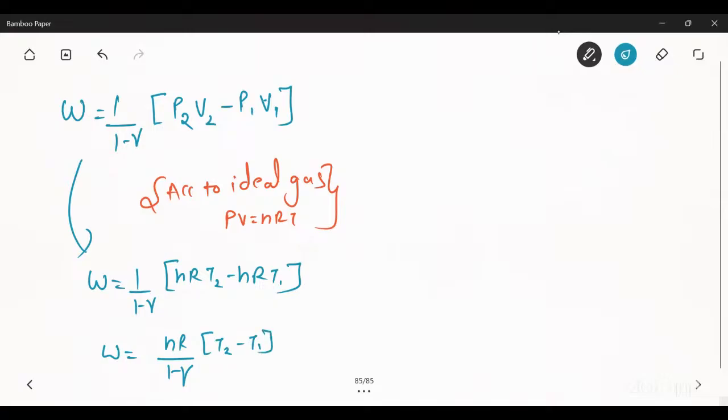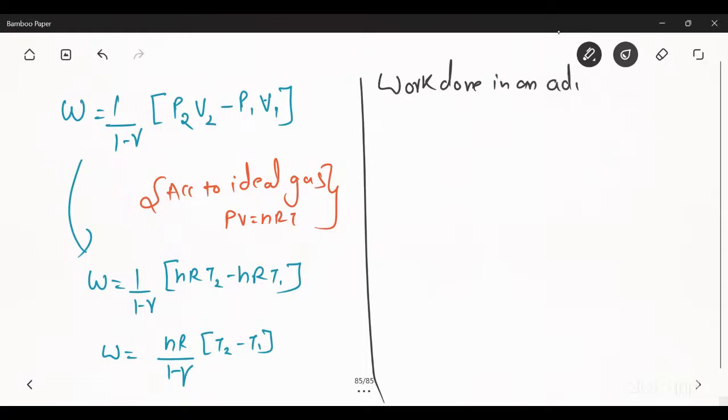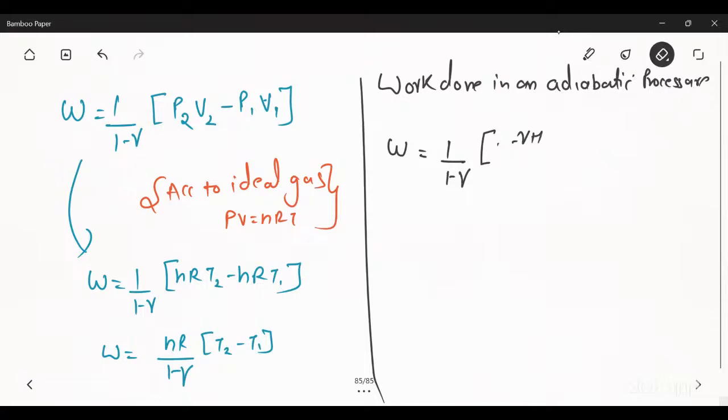So if we conclude all the formulas of work done in an adiabatic process, the first is W equal to 1 upon 1 minus gamma times V2 to the power minus gamma plus 1 minus V1 to the power minus gamma plus 1.